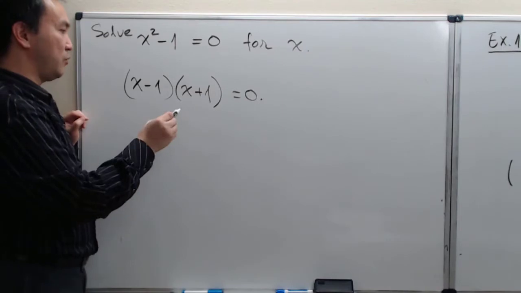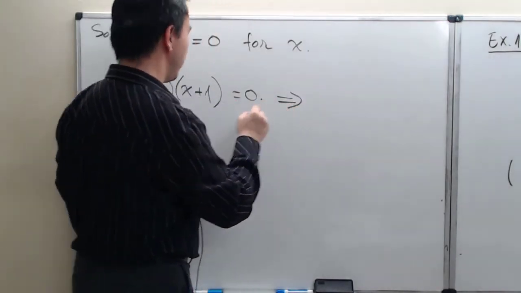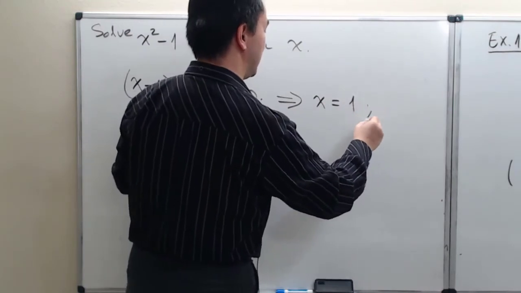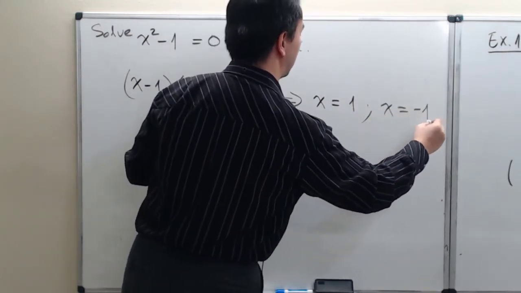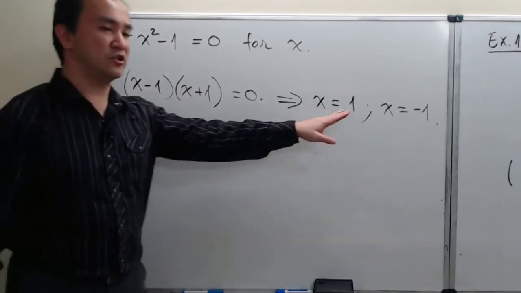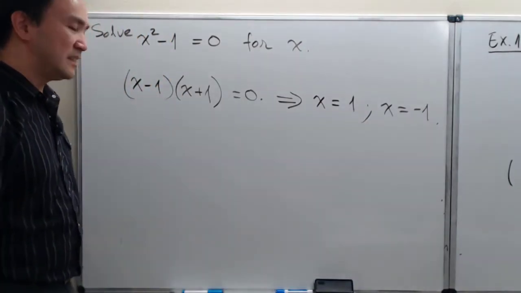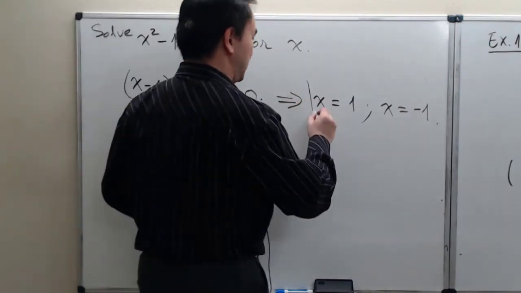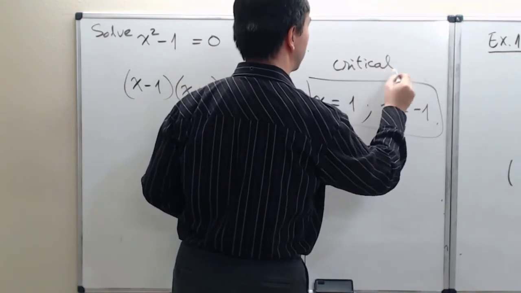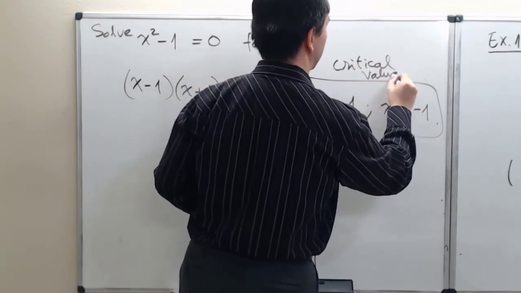That leads to two solutions: x equals positive 1 and x equals negative 1. Now we have solved for our critical values. I put them in a box just to emphasize their importance.